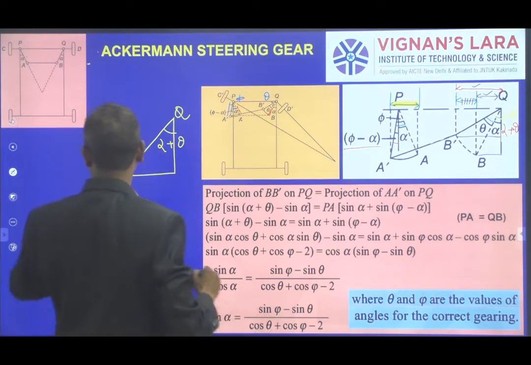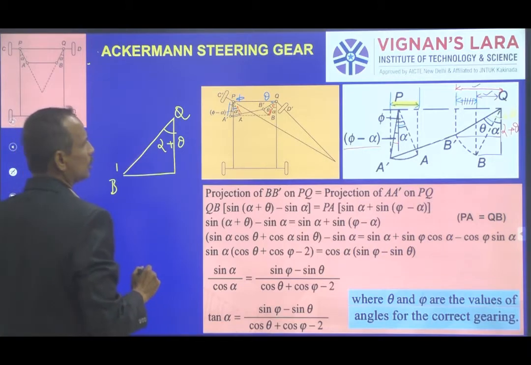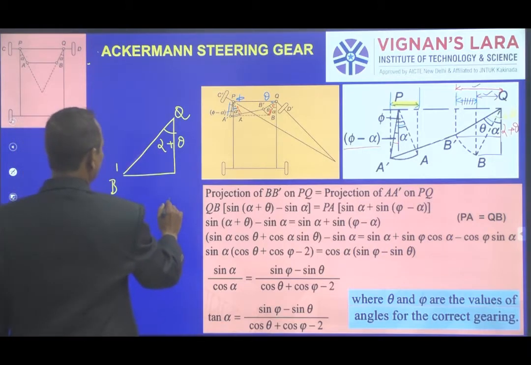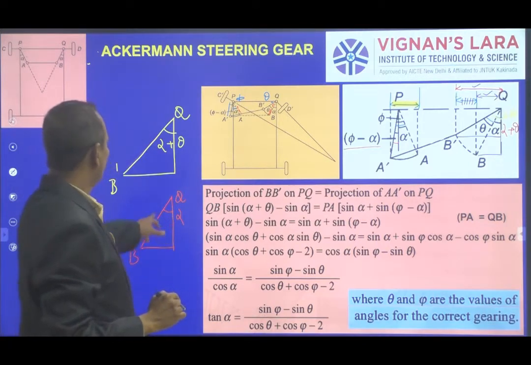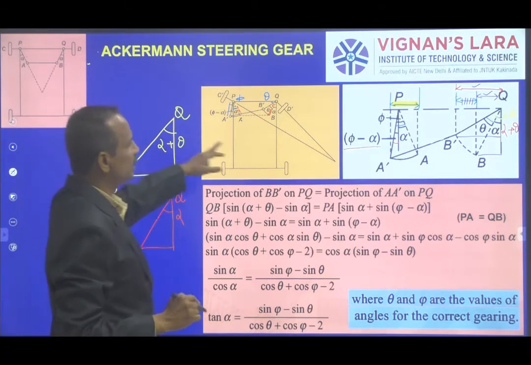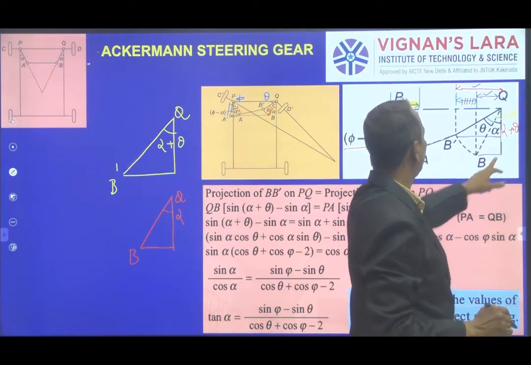And what about the other one? So the other one is this. So these two triangles: look at this QB dash triangle and another one is the QB triangle.